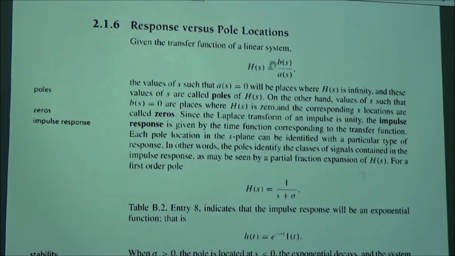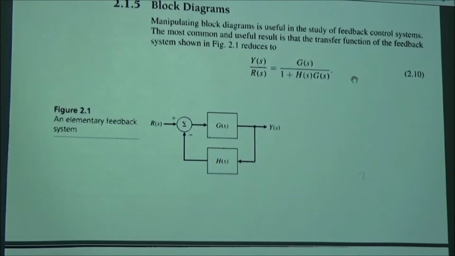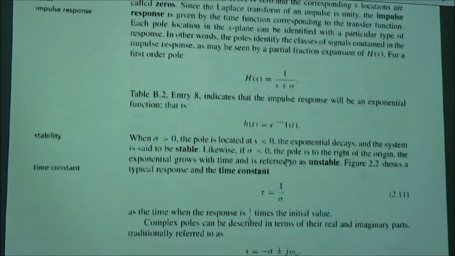And you may have an open loop pole, which is the roots of this, or you may have a closed loop pole, which is the roots of this characteristic polynomial. So you know that in a continuous time system, when the closed loop poles are on the left of the S-plane, the system is unstable.